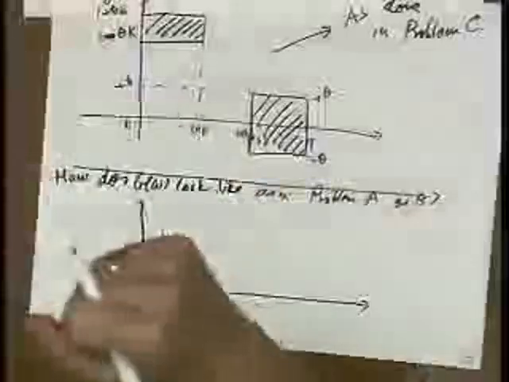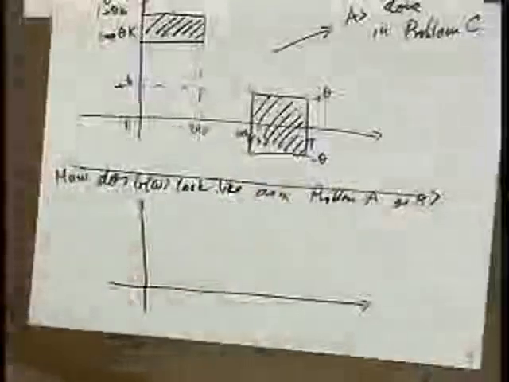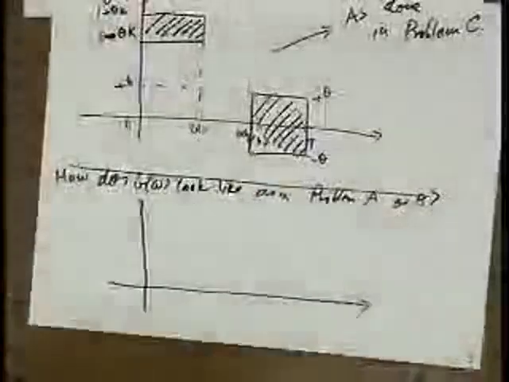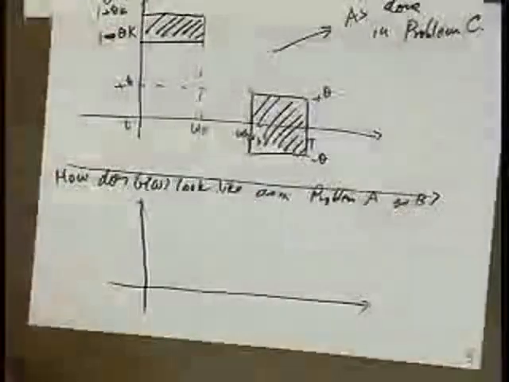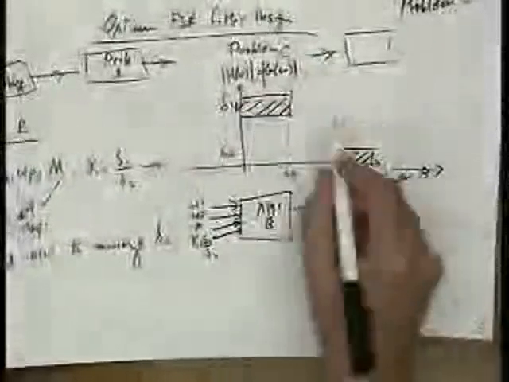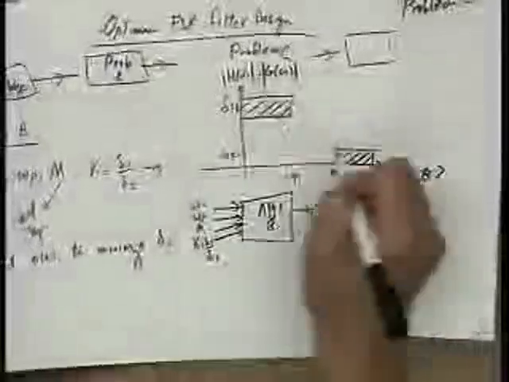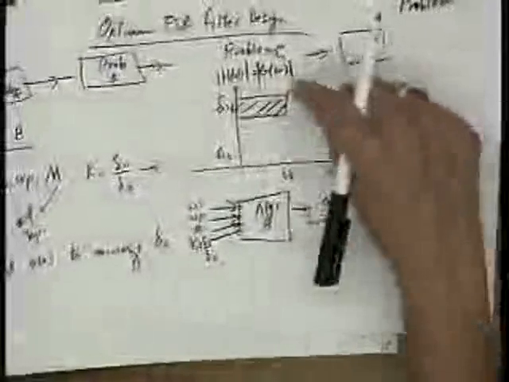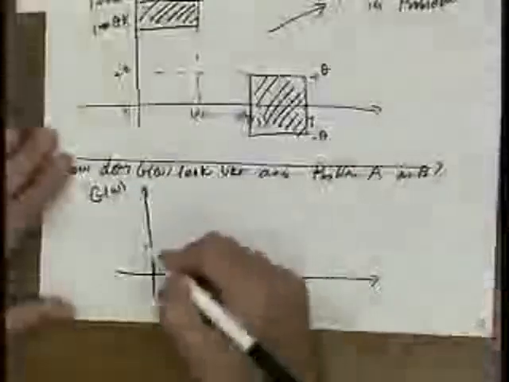So this is magnitude of g of omega. If I were to draw magnitude of g of omega, this is centered around 1 here. That's why we're only positive here. So if I were to draw g of omega itself, it would look something like this.